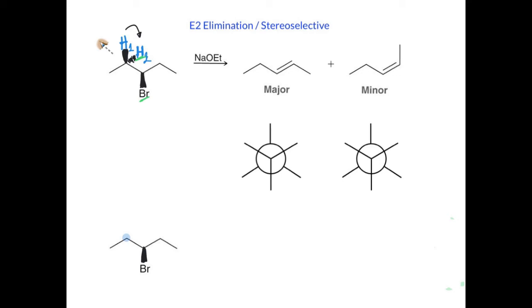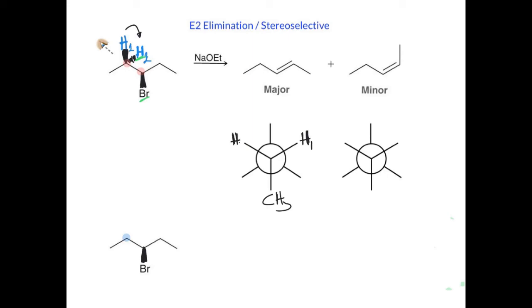So let's go step by step and draw first a Newman projection that we'll clearly see. For the front carbon, we do have a methyl group pointing down. Hydrogen 1 is pointing up to the right because it's on a wedge.